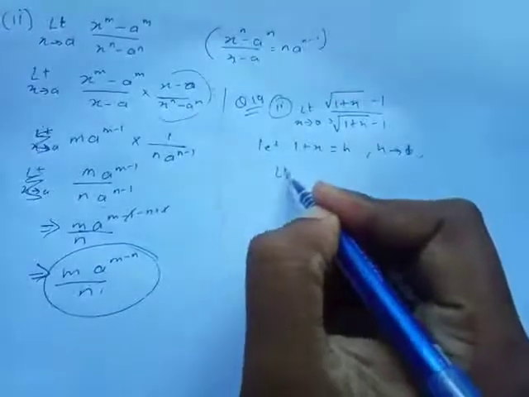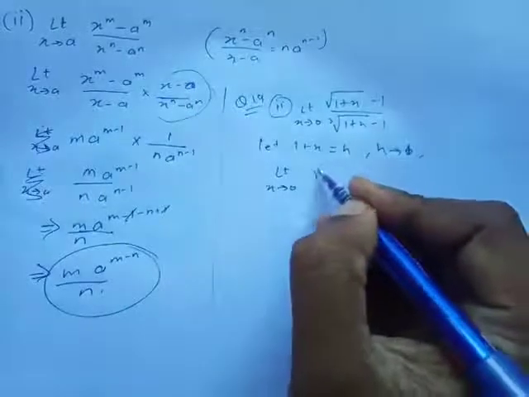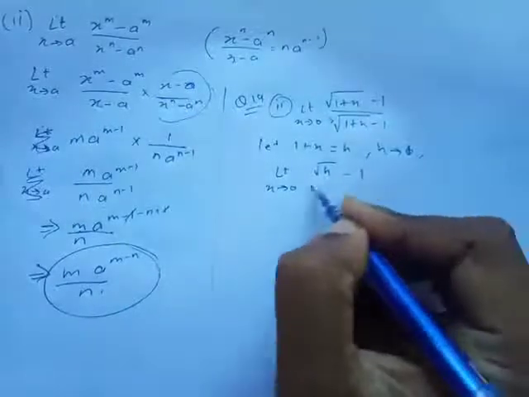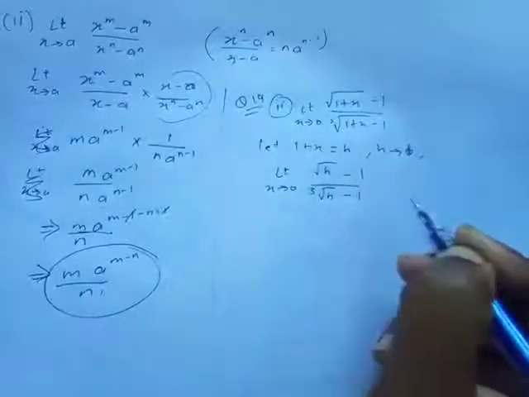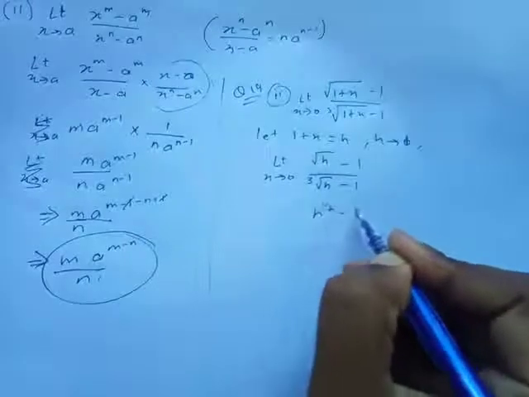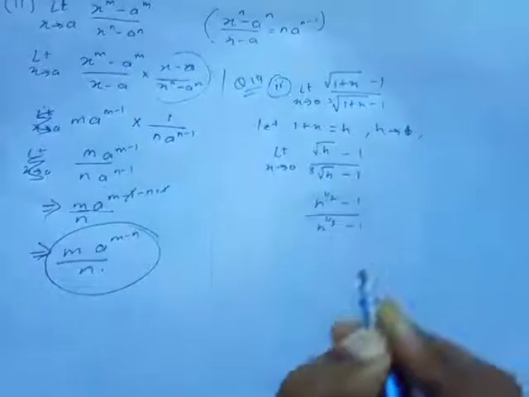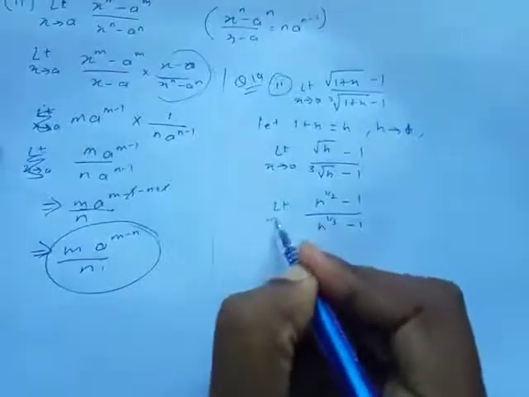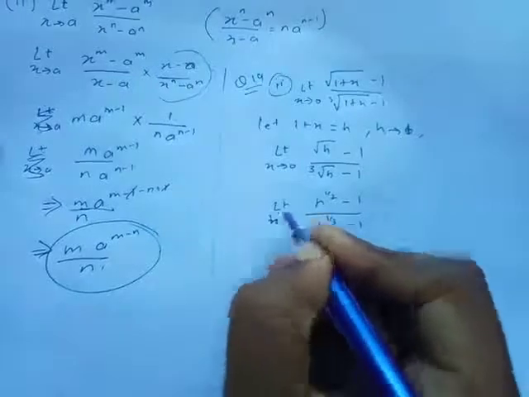Then I'll be putting h minus 1 upon cube root of h minus 1. Now I'm going to put them in powers: h to the power 1 upon 2 minus 1, h to the power 1 upon 3 minus 1. You know that we can write it like this: h tends to 1. This also, h tends to 1, it's going to come.